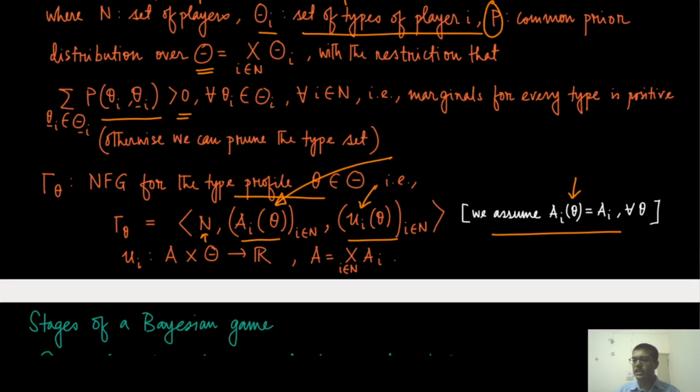In the context of Bayesian games, the utilities are not only functions of the action profile that has been chosen by all the players, they are also dependent on the type profile, where A is the Cartesian product of all these individual sets of actions.